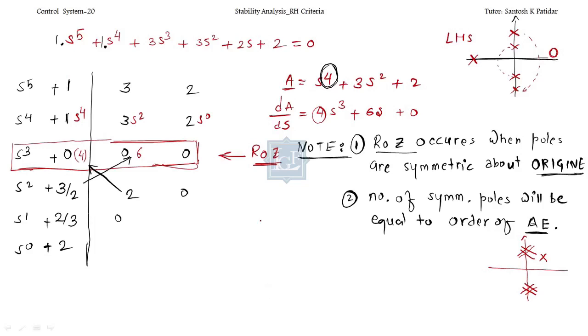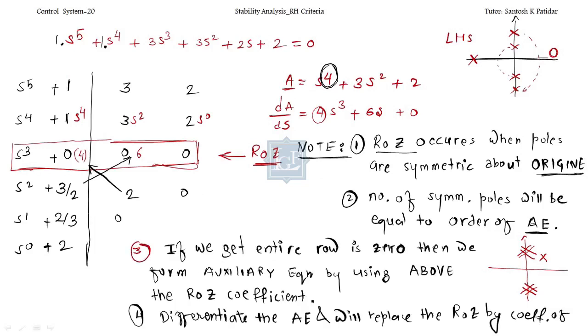Now the condition, the third point we'll write over here. The third point is, if we get an entire row in this RH table as 0, then we form the auxiliary equation by using the coefficients of the row just above the row of 0.